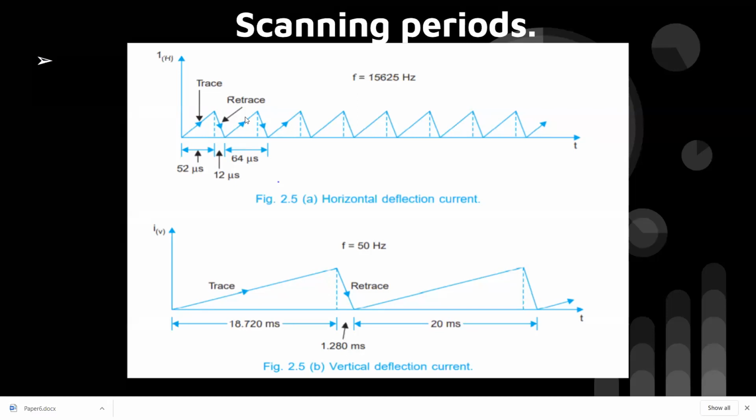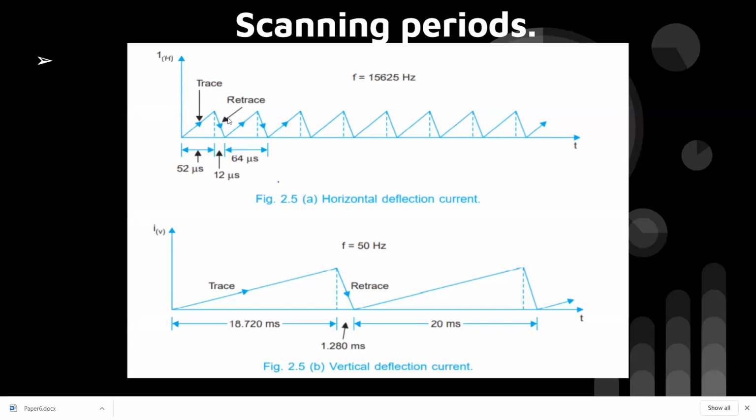So these trace and retrace periods are very popularly utilized. 52 microseconds are required to implement the trace task.